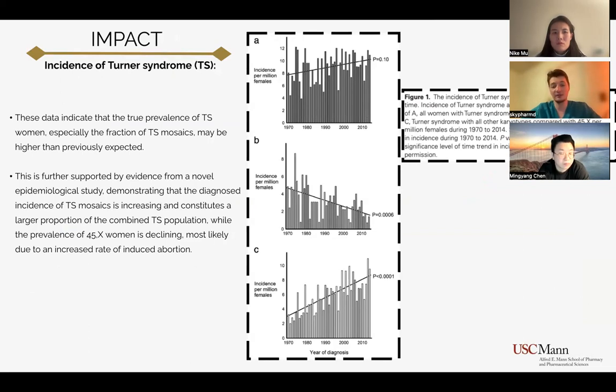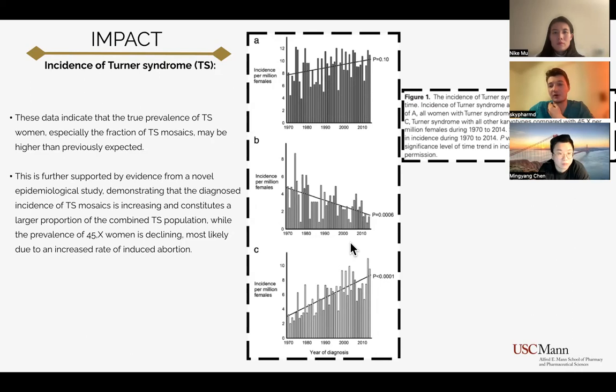So essentially, when you look at the Turner syndrome data, it's spread across the majority of ethnic and age groups. One thing I want to show you in these graphs is the incidence of Turner syndrome. All three of these graphs are from one study, and they showcase the incidence of Turner syndrome according to karyotype over time. Graph A was all women with Turner syndrome.